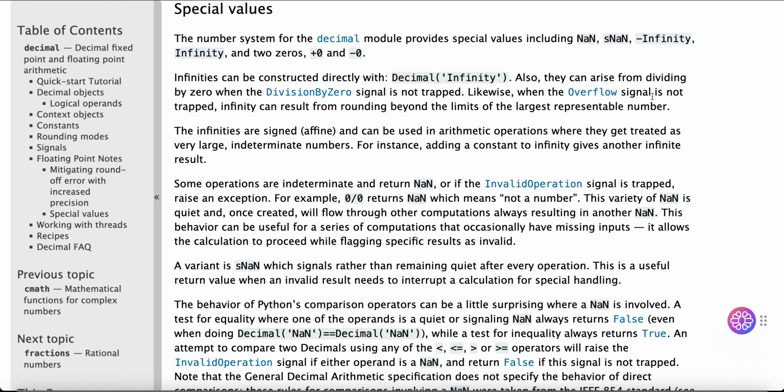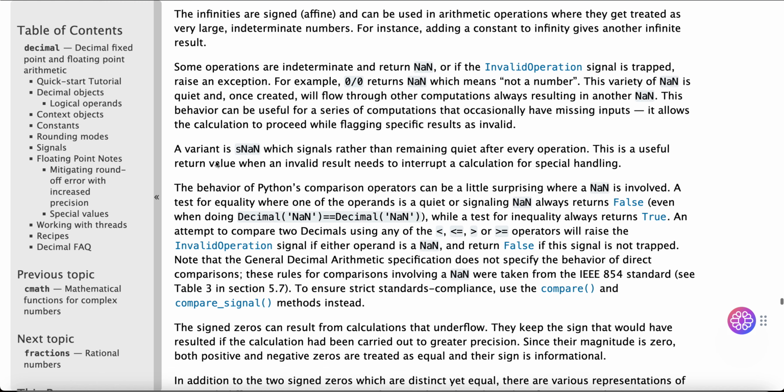Likewise, when the Overflow signal is not trapped, infinity can result from rounding beyond the limits of the largest representable number. The infinities are signed and can be used in arithmetic operations where they get treated as very large, indeterminate numbers. For instance, adding a constant to infinity gives another infinite result.